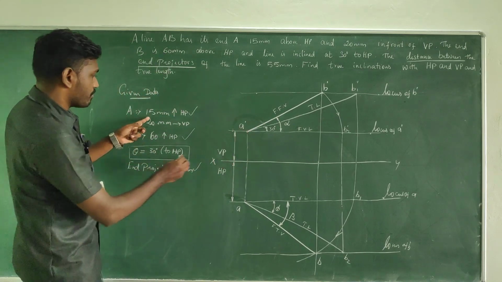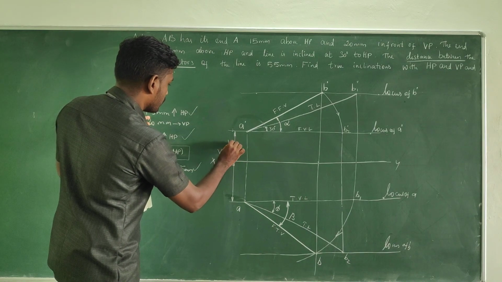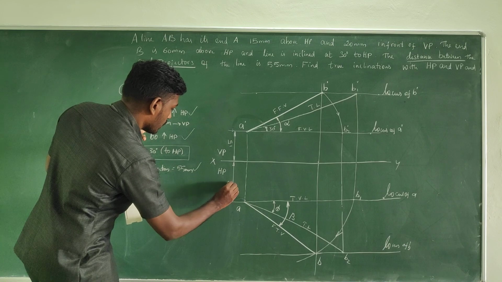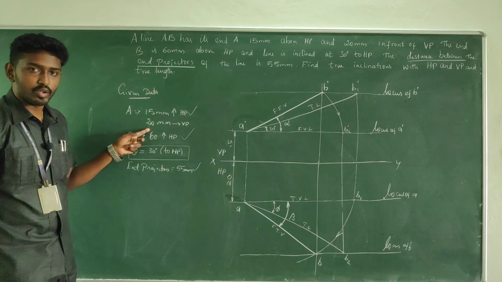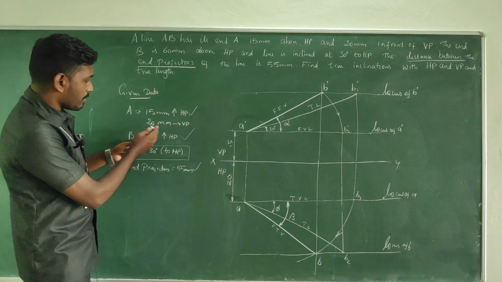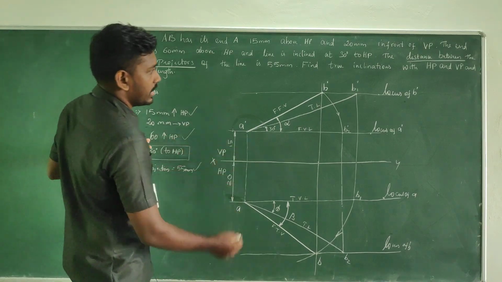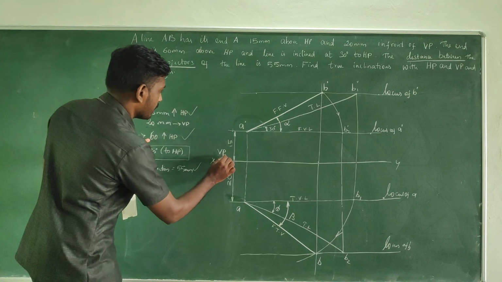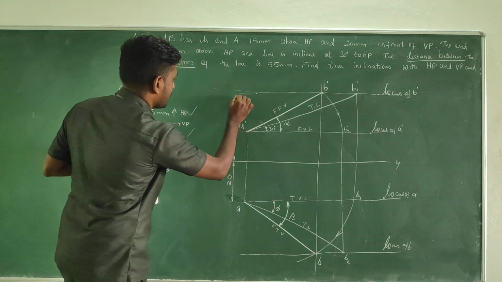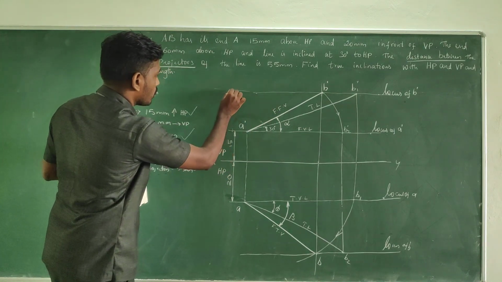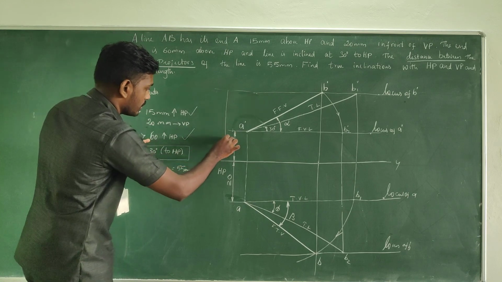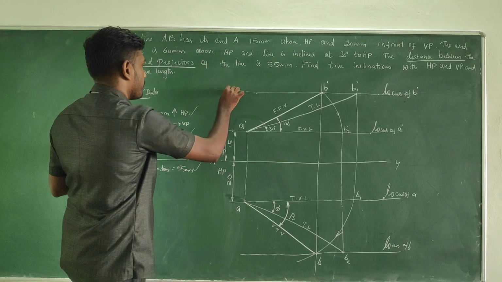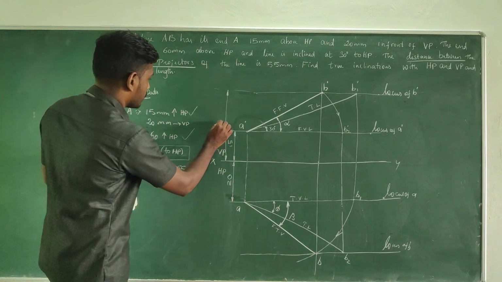Right above the line 15 mm and 20 mm in front of VP, and then 60 mm above HP, the locus of B dash, it is given, right? So here we can capture it. Extend the line, it should be a horizontal one, the locus. Right above the line 60.